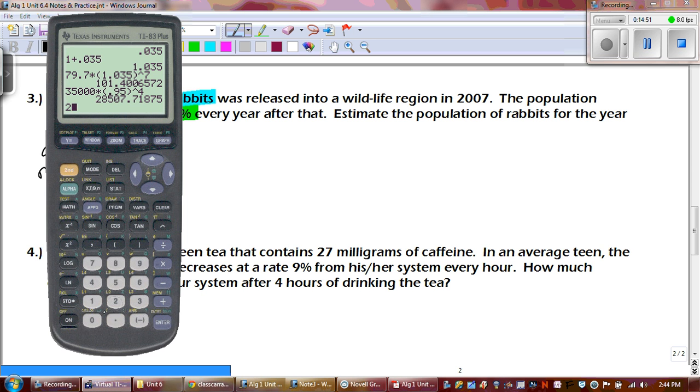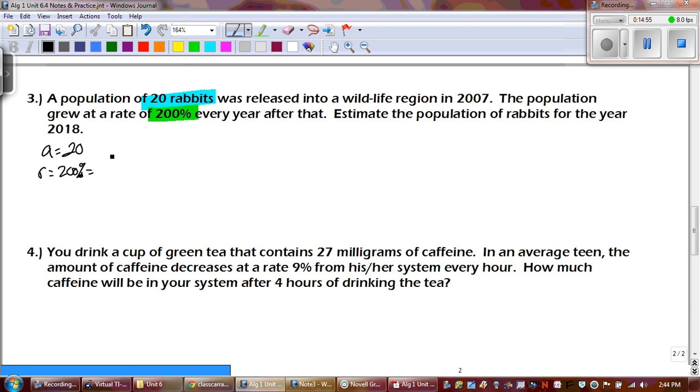Now remember, if you need to do 200 divided by 100, that was one way we said you can get your answer. And you get 2. And the last thing we need is the time. Okay, our time was from 2007 to 2018. Okay, so 2018 minus 2007, you should get 11.